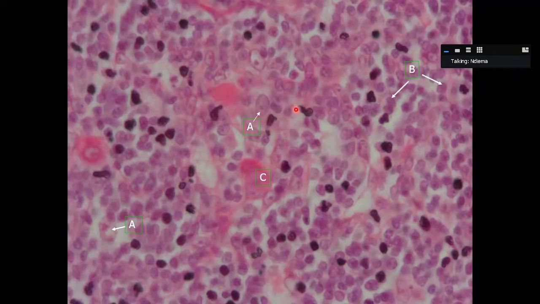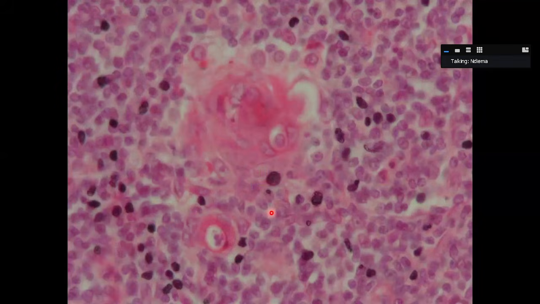Recognize also the type of cells that we have. In the case of the bone marrow, hematopoietic compartments and the vascular compartment. Recognize Hassall's corpuscles, comprising concentric cells that can undergo keratinization. This is very typical of the medulla of a thymus.